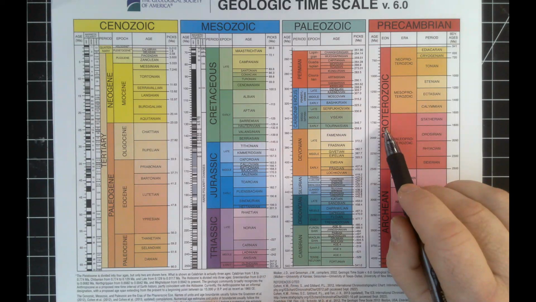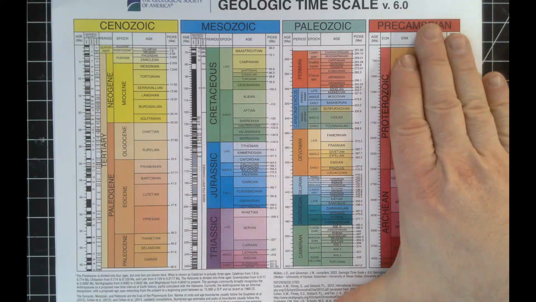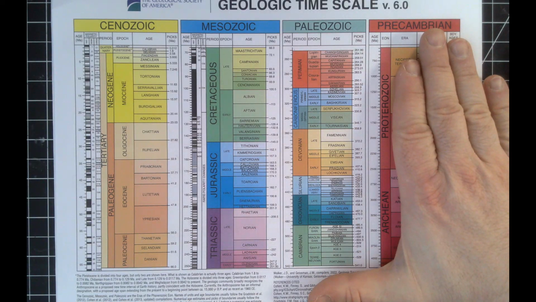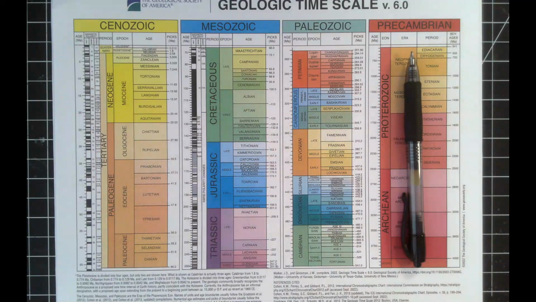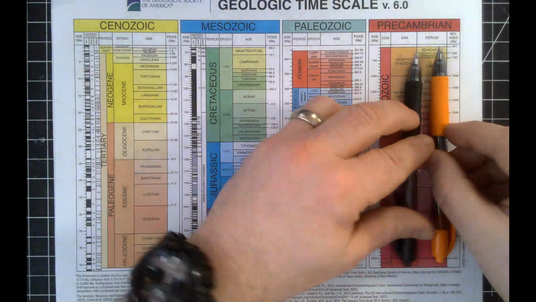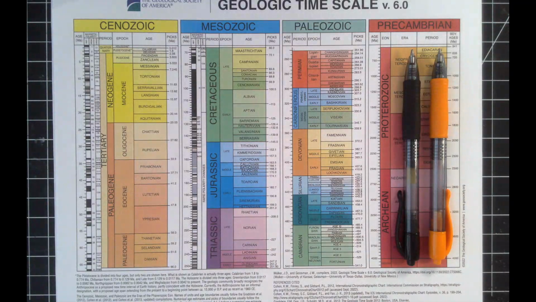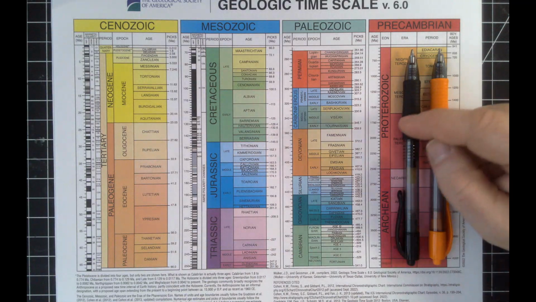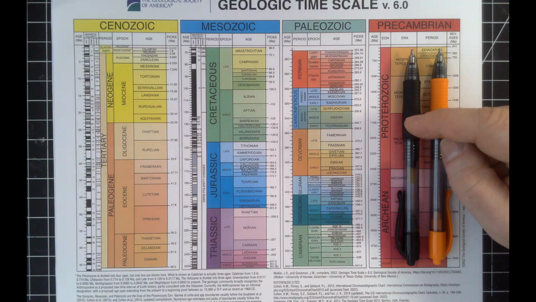Those are the first three eons. We're not going to worry about any of those other units, so those are off limits. We're just looking at the first three eons. There's a lot going on.